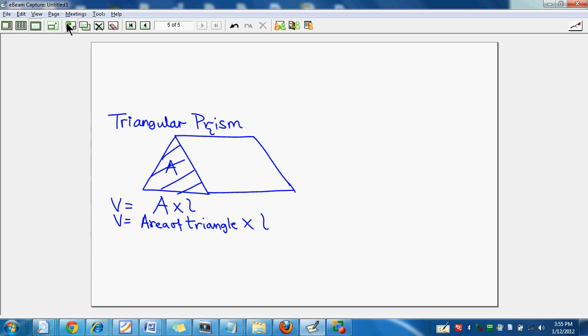We learned that there are three ways to find the area of any triangle, right? Three methods, and whichever one you use is dependent on the information that they give you. So you could always review that.